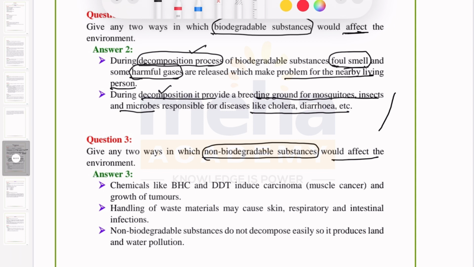Chemicals like DDT will cause skin diseases and respiratory infections in humans.